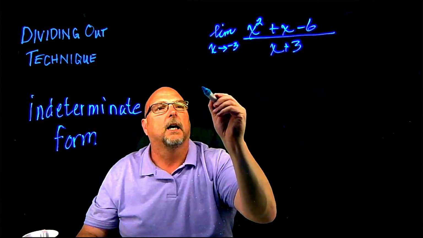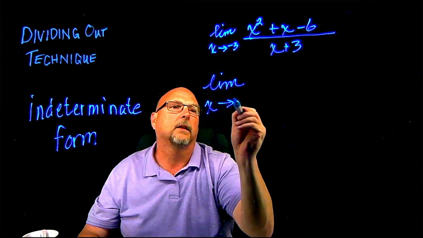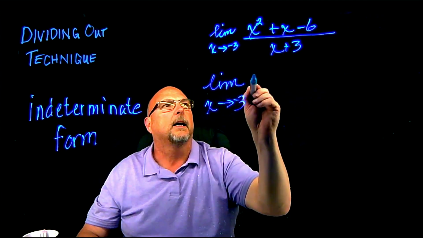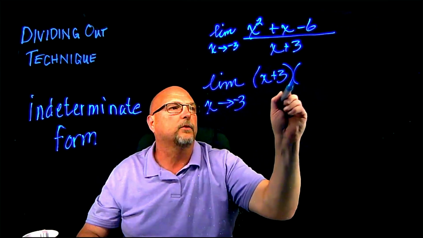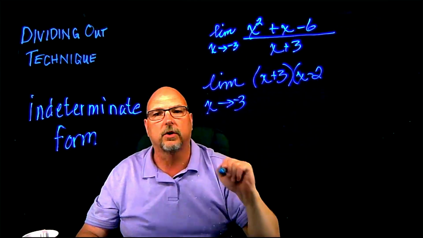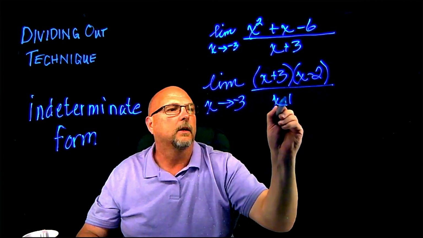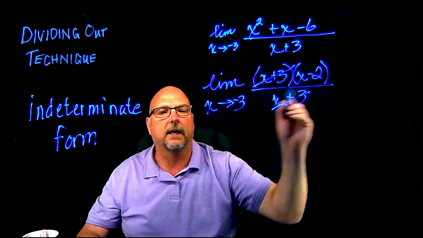So I'm still going to have the limit as x approaches negative 3. I can factor this numerator into x plus 3 and x minus 2. The cool thing there is that our x plus 3's will cancel out.